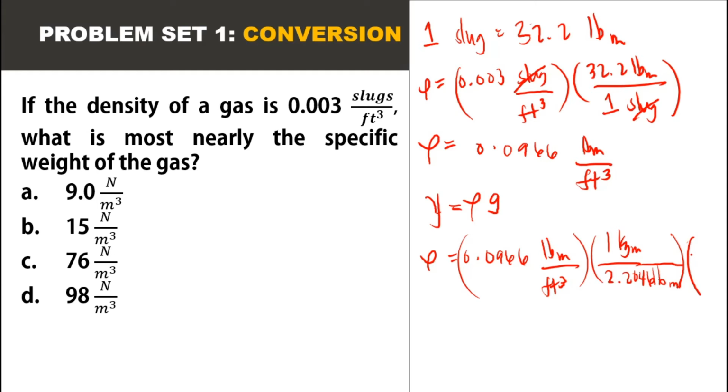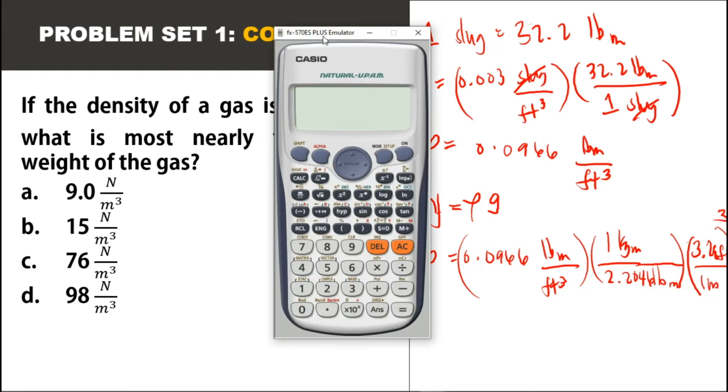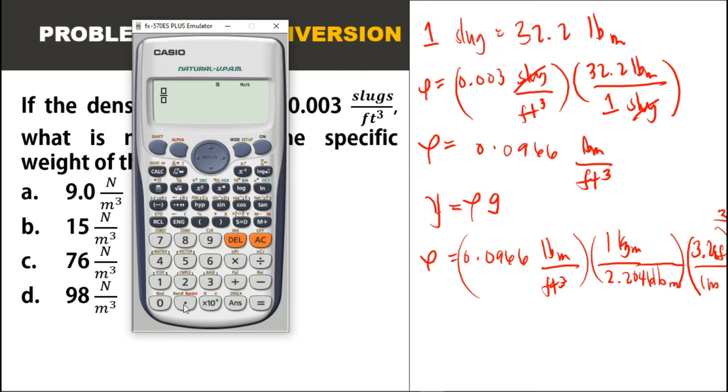We have cubic feet. We have 3.28 feet per 1 meter, so you raise that to the third power. You have 0.0966 times 3.28, so cube, all over 2.2046.